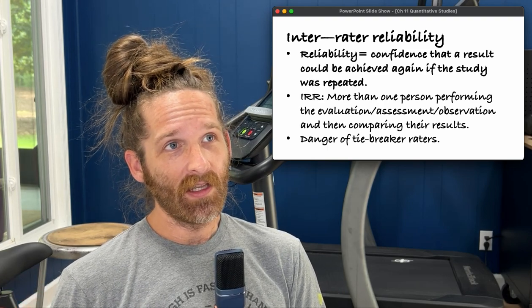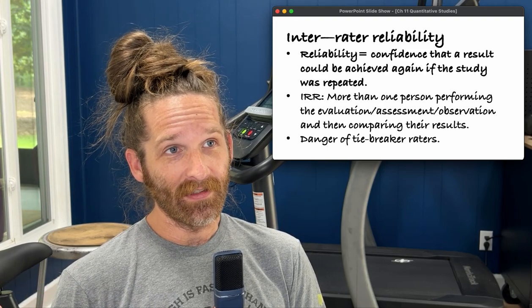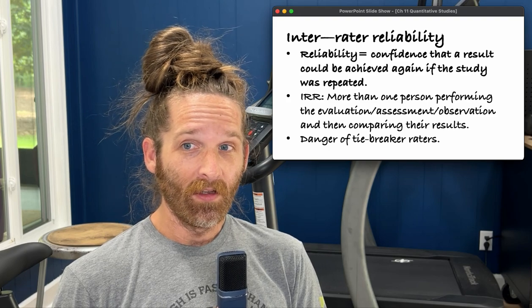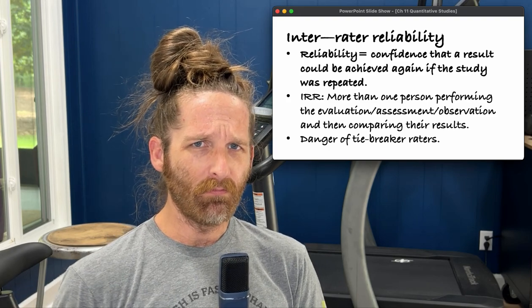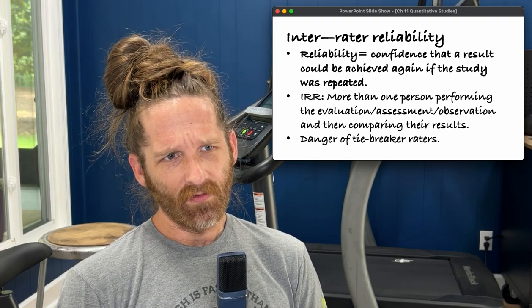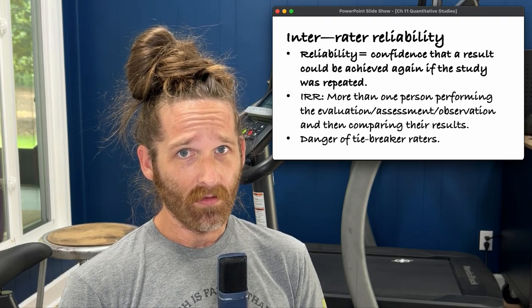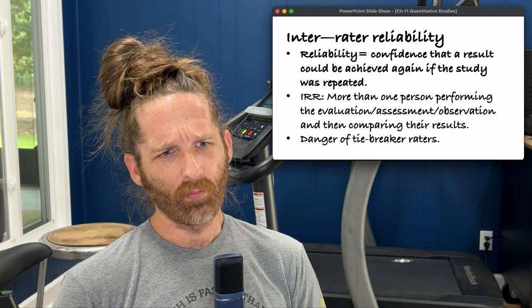That way you're not just getting some random person's idea of what qualifies as social support. There's some agreement, and that agreement can actually be measured with a variety of inter-rater reliability scores. And so you can get like a percentage.